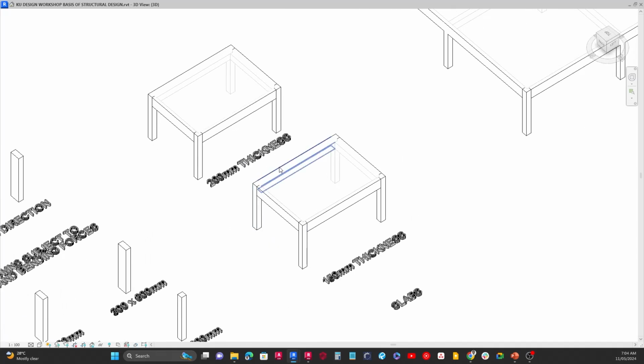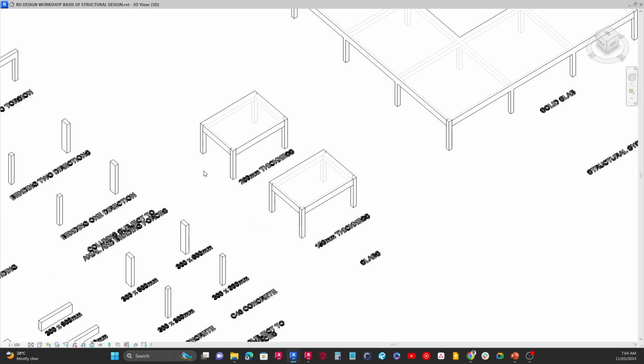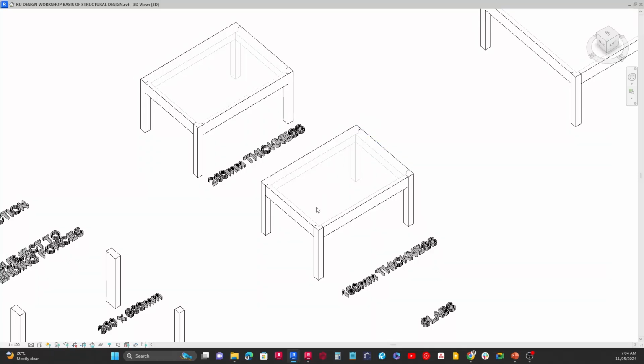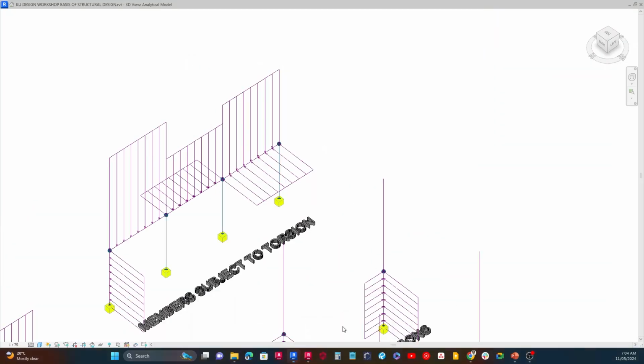Slabs behave very similarly to beams, but in this case, because they have a larger area, we have moments in two directions, as opposed to beams where we only see moments in one direction. So let's look at their representative free body diagrams, or what I try to refer to as the analytical model.